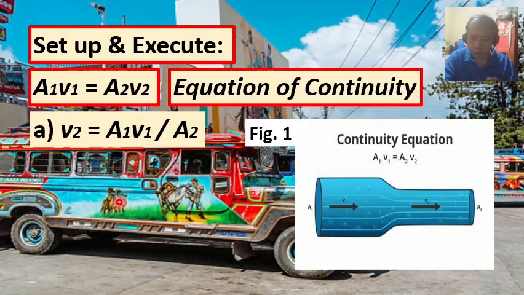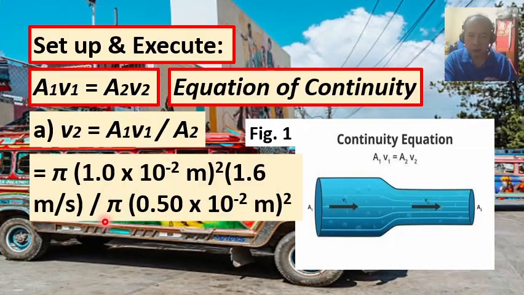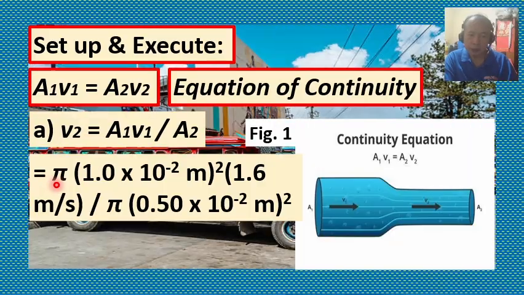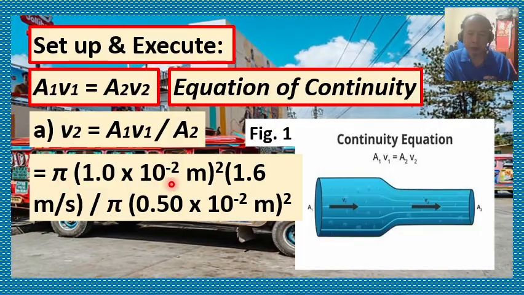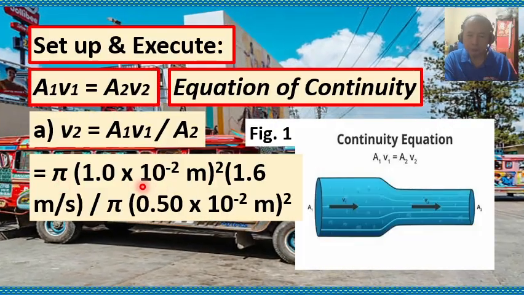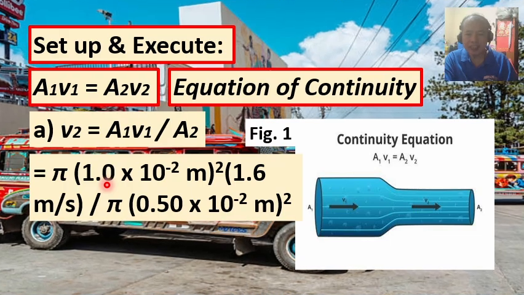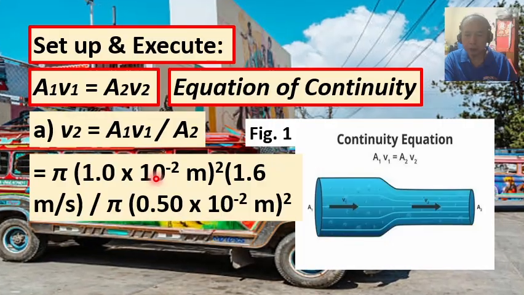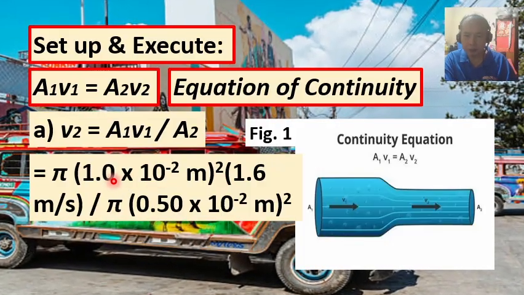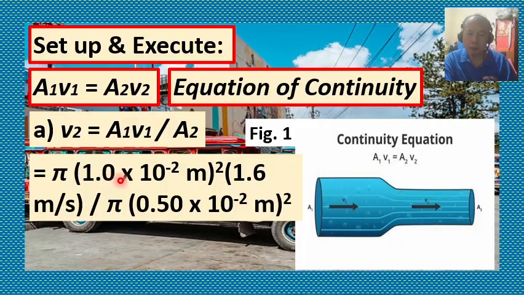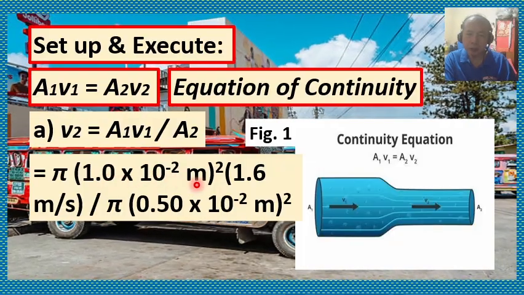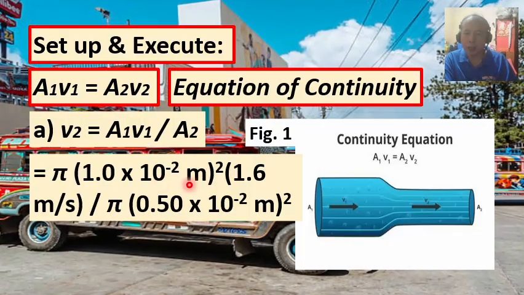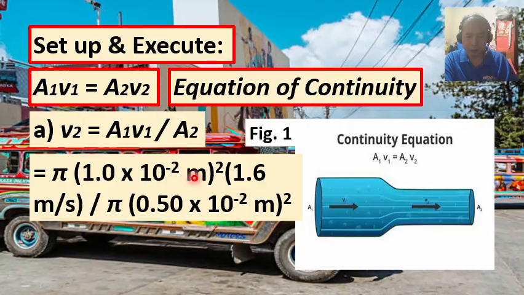So when we substitute the given quantities, V sub 2 equals the value of pi multiplied by the square of the radius corresponding to the bigger cross-sectional area, which is given in the problem, 1.0 times 10 raised to the negative 2 meter. But that has to be squared because the formula for area is pi r squared.